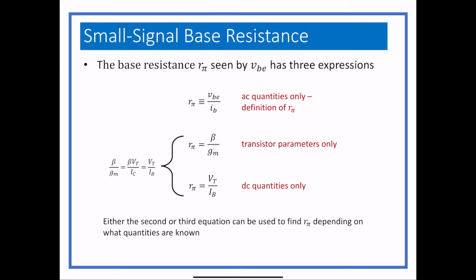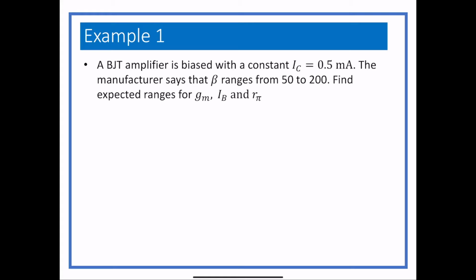So say we have a BJT amplifier with a constant collector current, and that's the DC value, and there's a range of beta values. We want to know what the range of the transconductance, the base current, and R pi would be, depending on the situation.